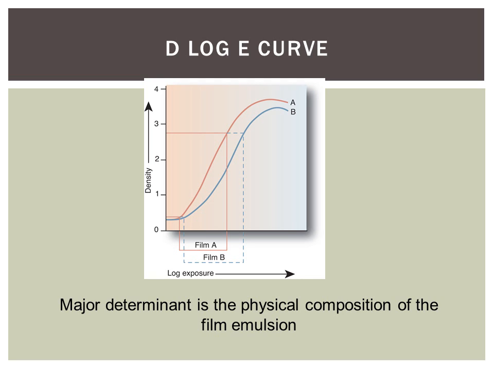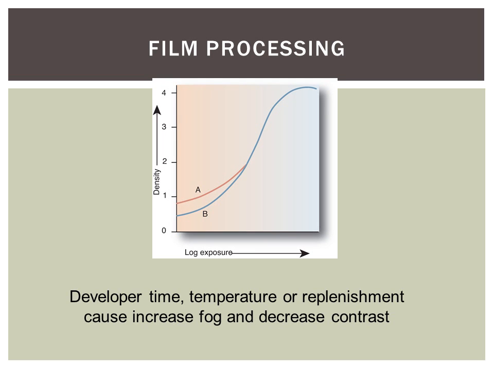A is showing you high contrast, which is narrow latitude, and B is showing you low contrast or wide latitude. It's a major determinant in the physical composition of the film emulsion. As the slope of the curve becomes steeper, contrast increases. Film processing: this is showing you the effect of fog on contrast.